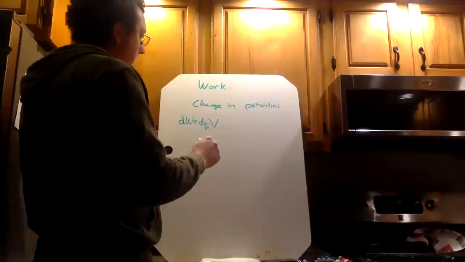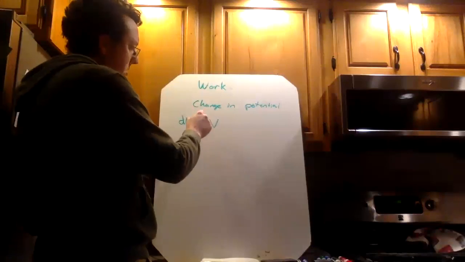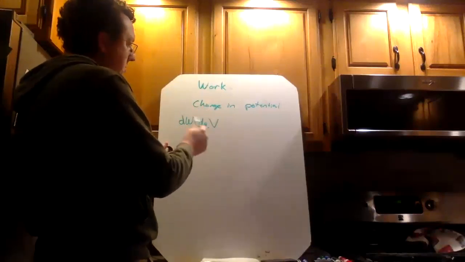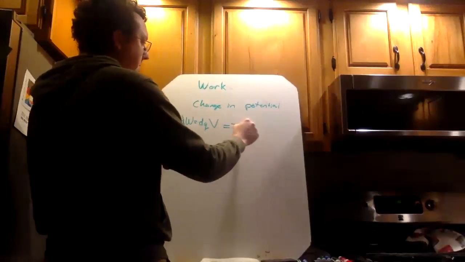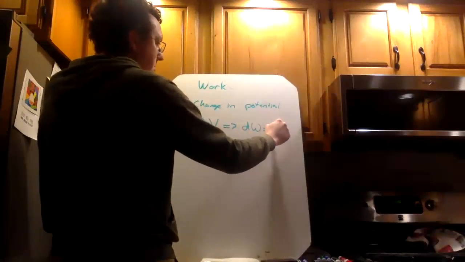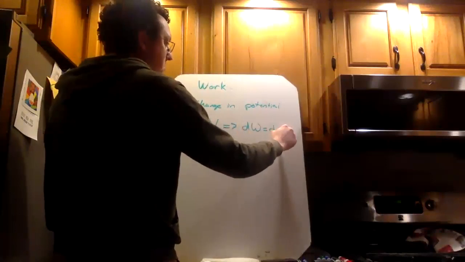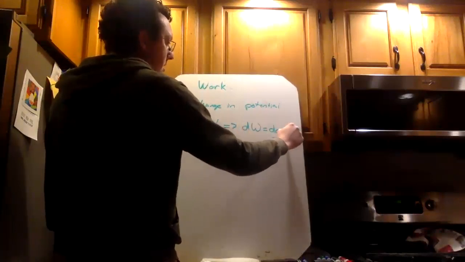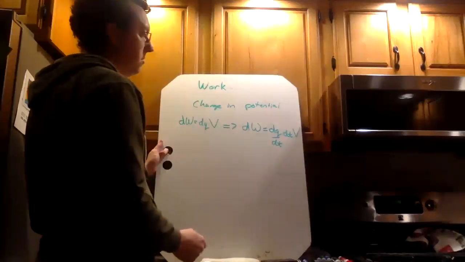Now, maybe 2 videos ago, we learned how to relate little bits of charge to a current over a little bit of time. So I can write this as dq/dt times dt times the potential.